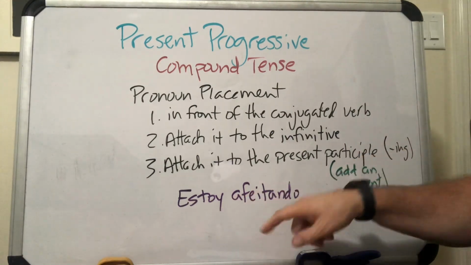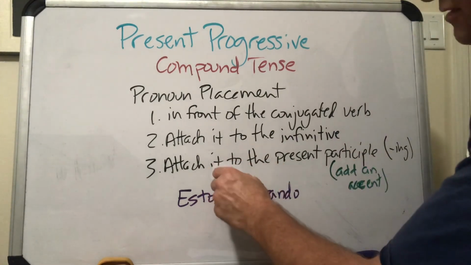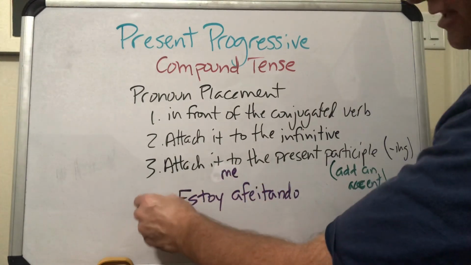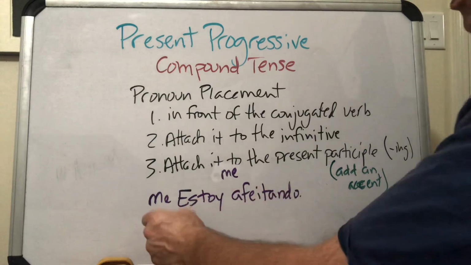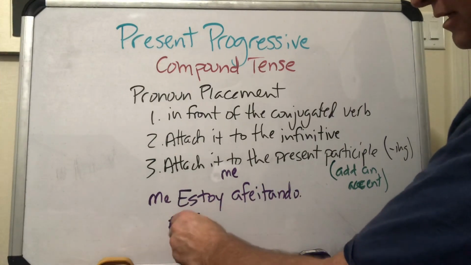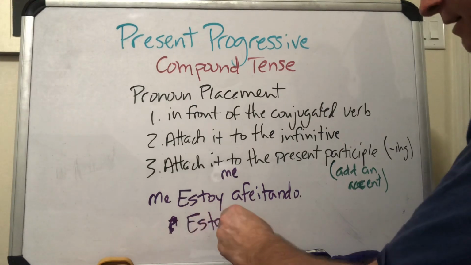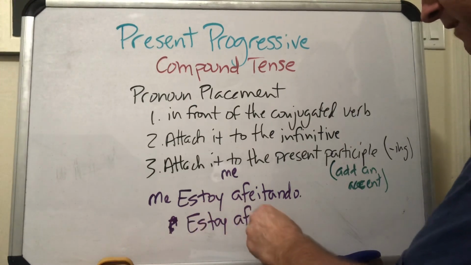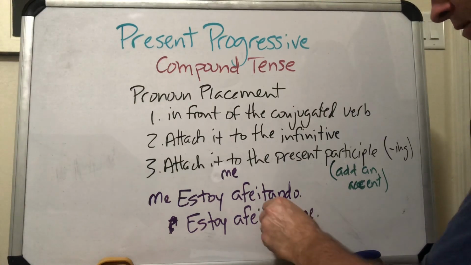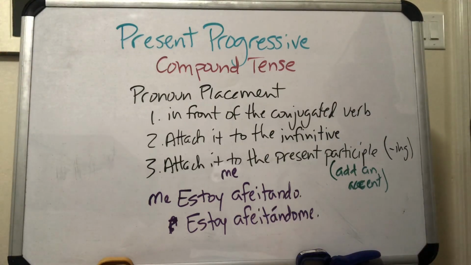So I am shaving, but we still have to account for the reflexive pronoun, which is me. So again, it could go here, me estoy afeitando, or you could attach it. So estoy afeitándome. Okay. Again, we still need the accent, but either place.